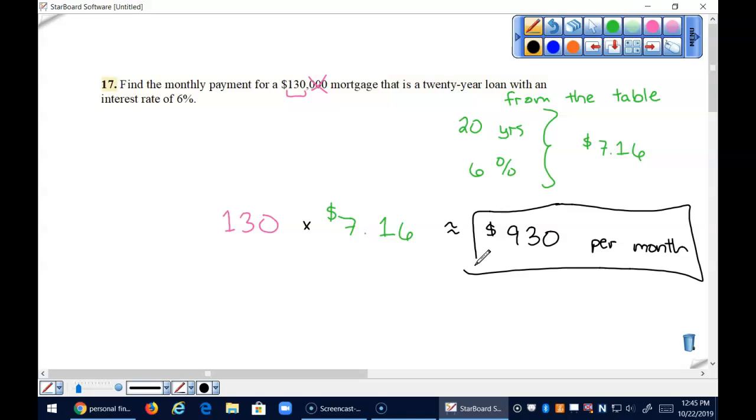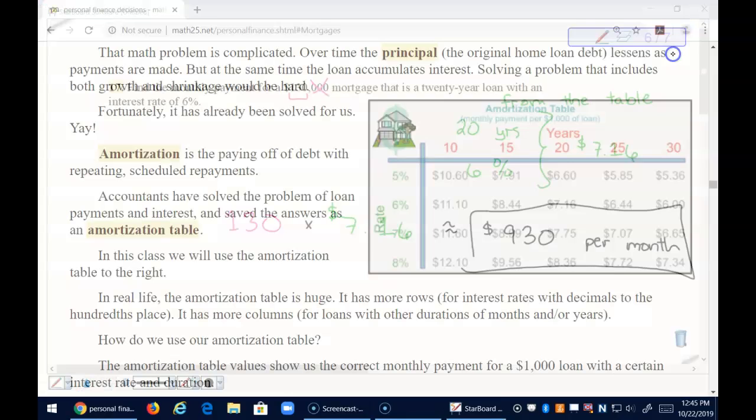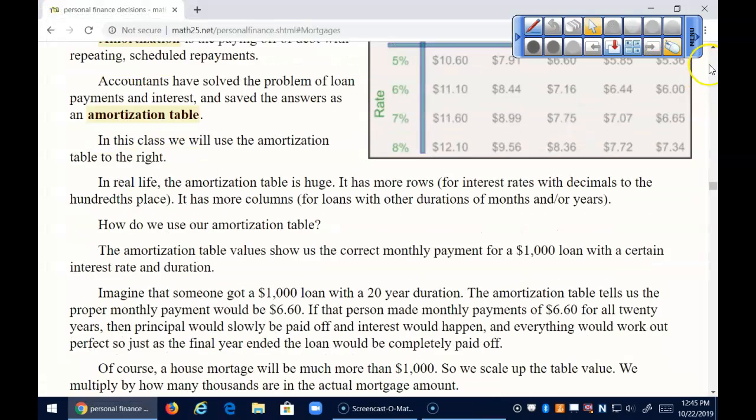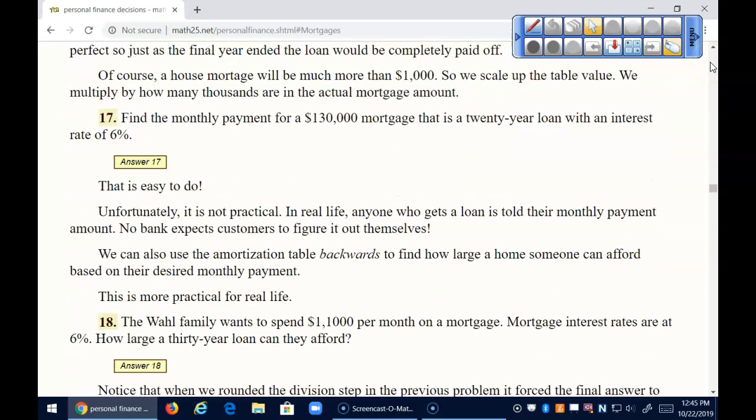Okay, ready to go on? Okay, so that's again not what we want. We want to do the opposite. They can afford 1,100 per month. So they want a 30-year loan and 6%. How big a loan can they afford? Let's do that.